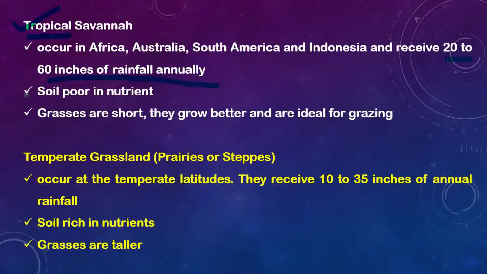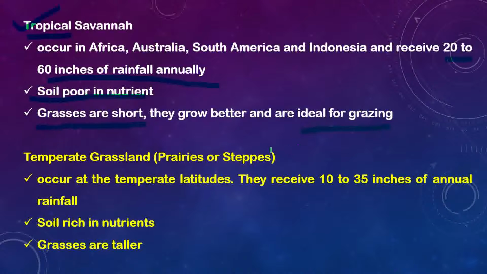The soil here is poor in nutrients. The grasses are short and are extremely good for grazing. They are ideal for grazing.